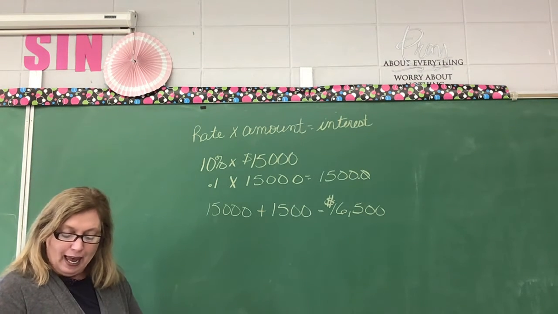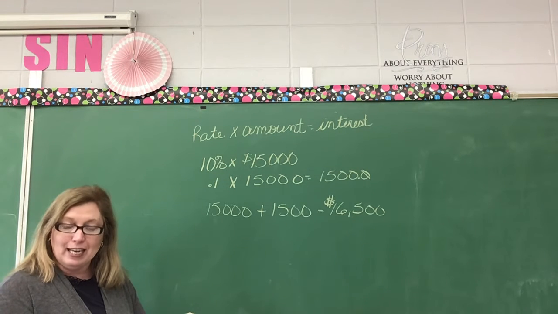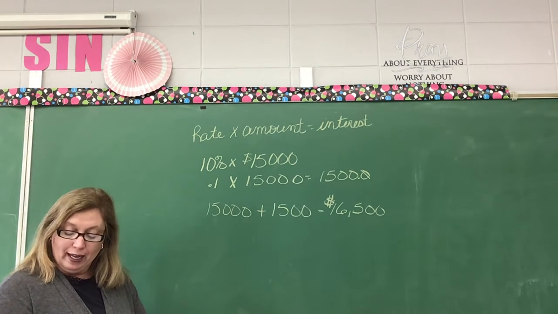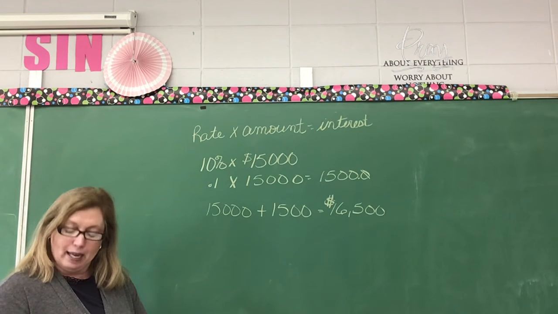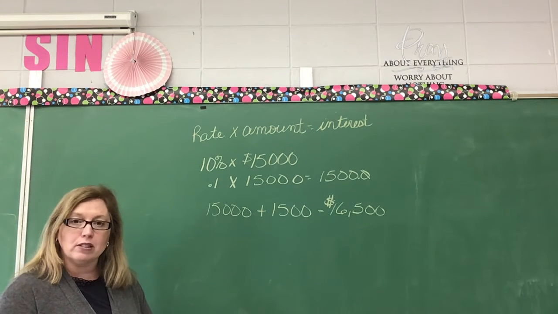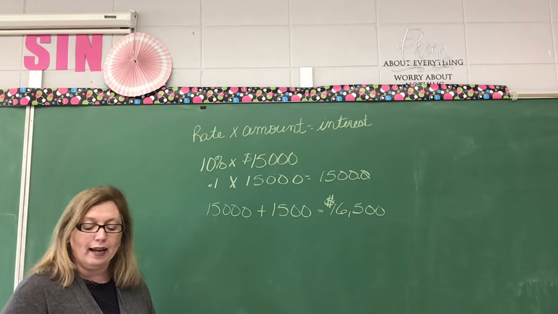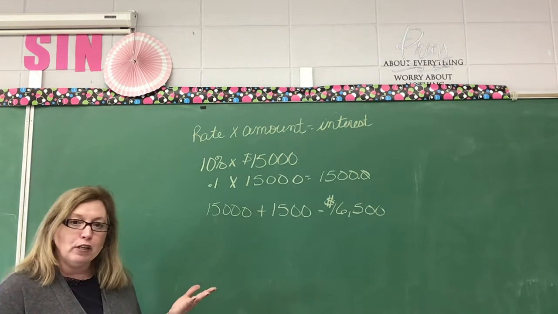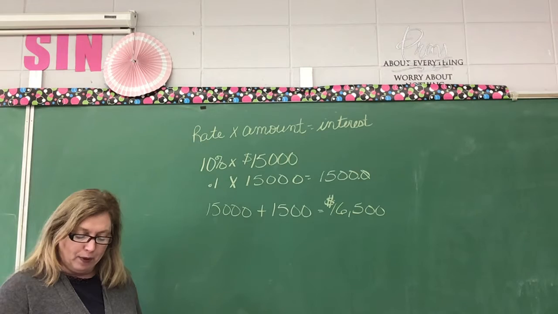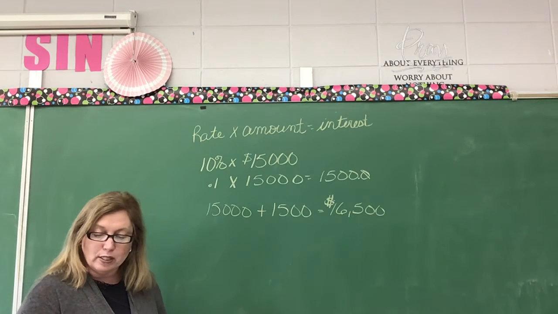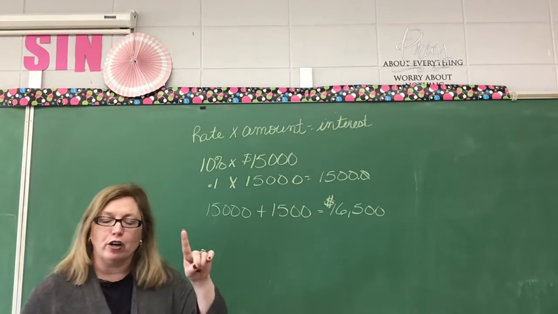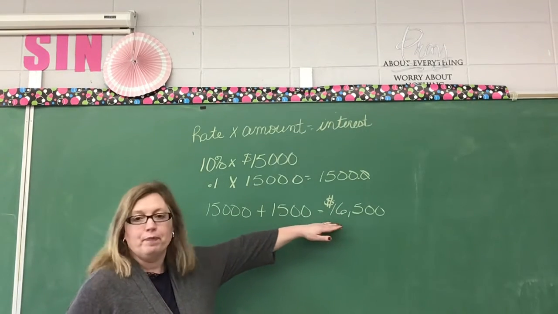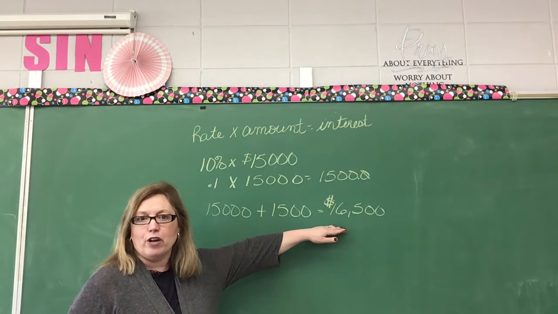Now, look at your next problem. It says, how much would Akeem's $15,000 be worth in 3 years if it had been deposited at 10% compounded annually? Okay, now, there's a couple of different ways we can solve this problem. But for compounded interest, we know that at the end of the first year, how much money does Akeem have? $16,500, right?